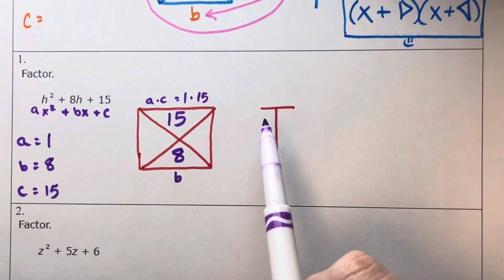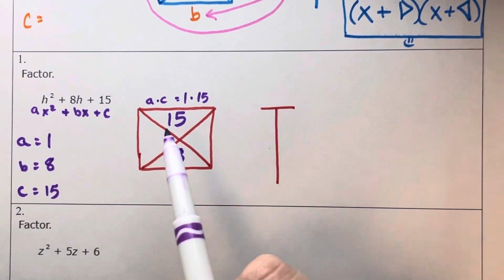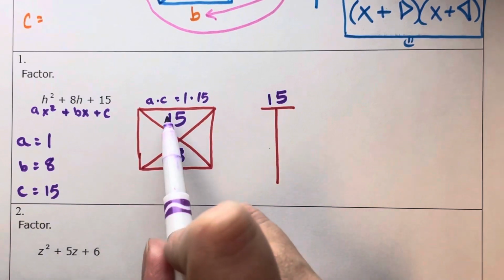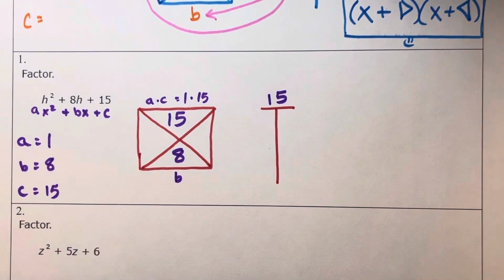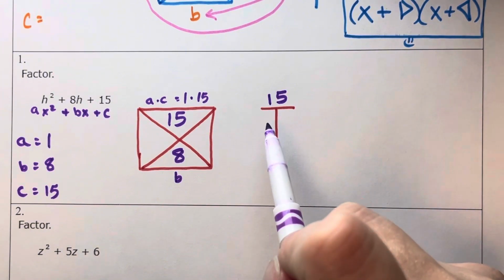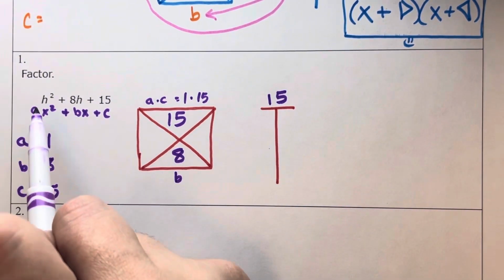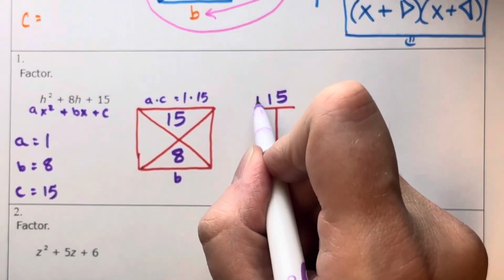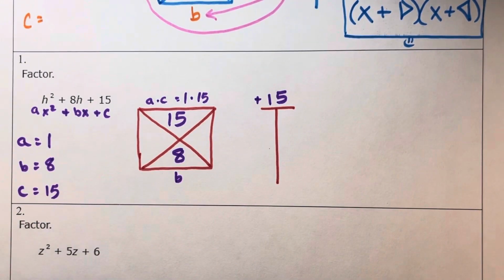Graphic organizer number 2. At the top of this T-chart is the 15 that was living in the top of our box. So we say, okay, what are all the things that could multiply together to make 15? Acknowledging that this 15, looking at our A, B, and C numbers, happens to be a positive 15. Great.